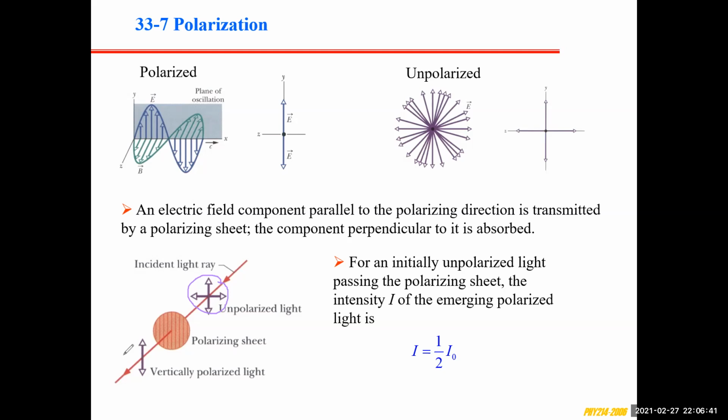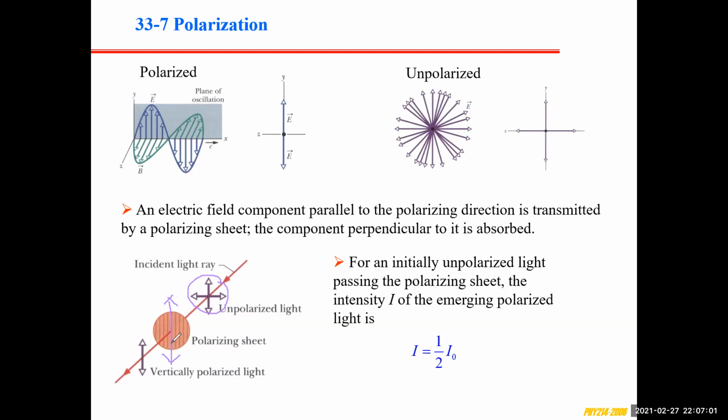Okay, so this diagram shows an unpolarized light being sent through a polarizer, and the only directions of electric field that will remain are those in the same direction as what we call the polarizing axis. You can see the vertical line here indicates the polarizing axis.